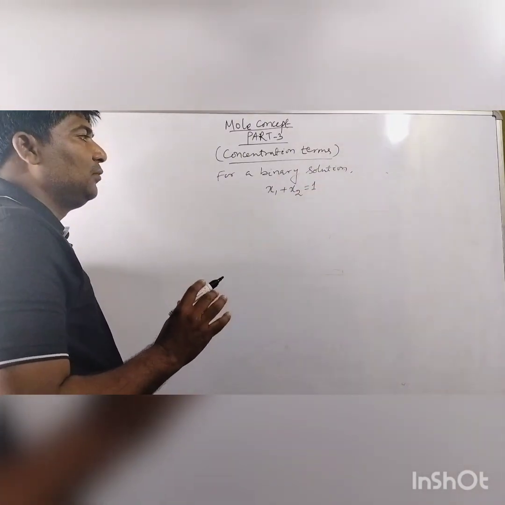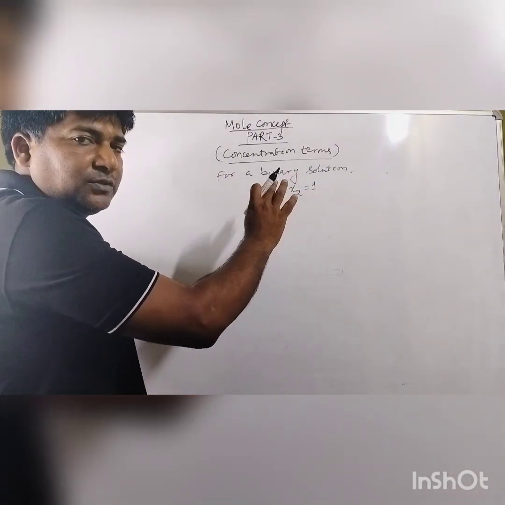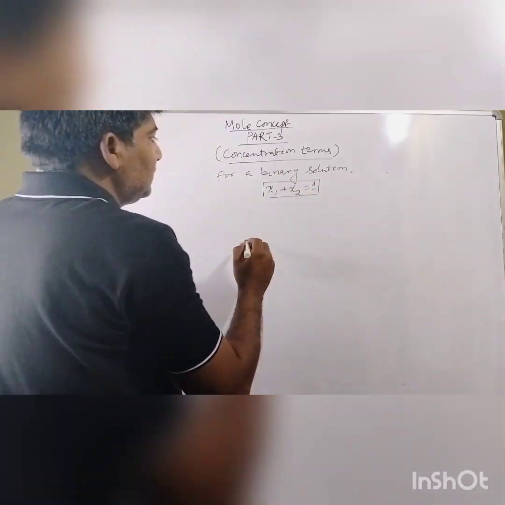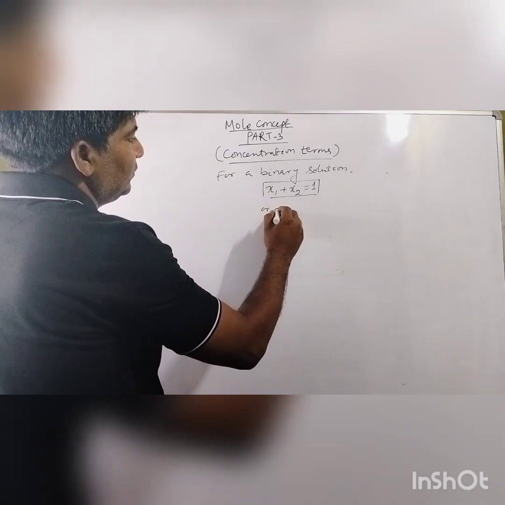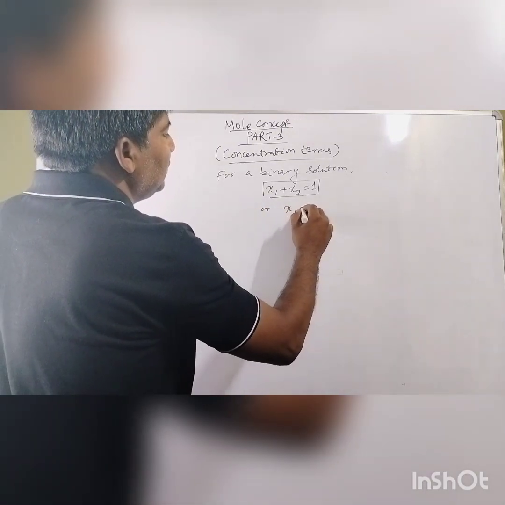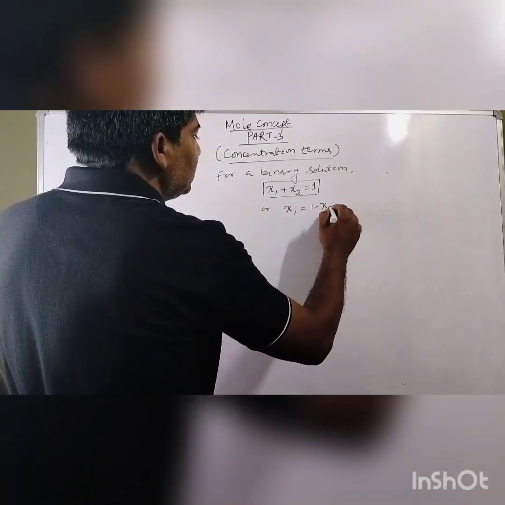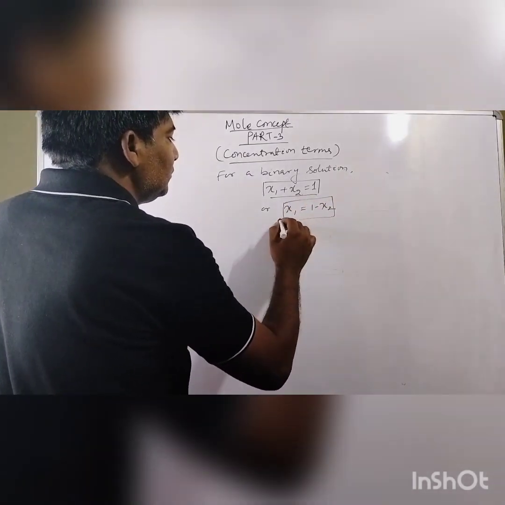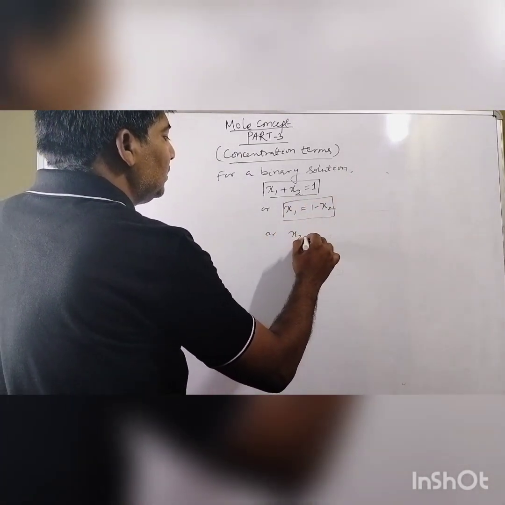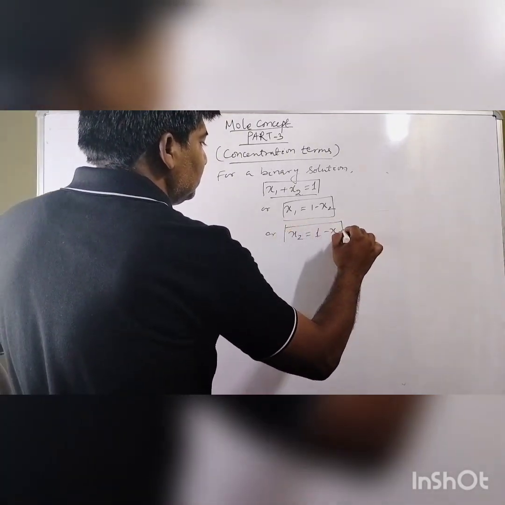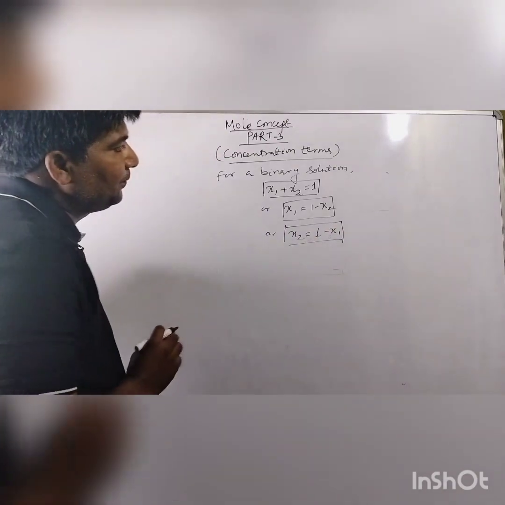That is mole fraction of solvent plus mole fraction of solute is equal to 1. So we can calculate x1 if you know x2. So x1 is equal to 1 minus x2, or x2 is equal to 1 minus x1.